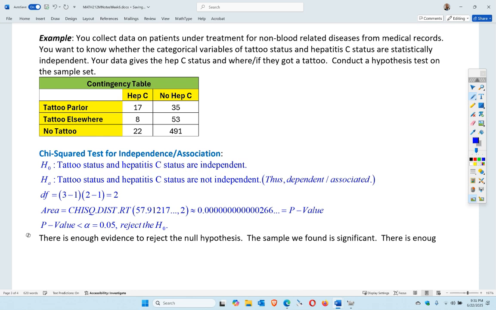There is enough evidence to suggest that hepatitis C status is likely not independent of tattoo status.